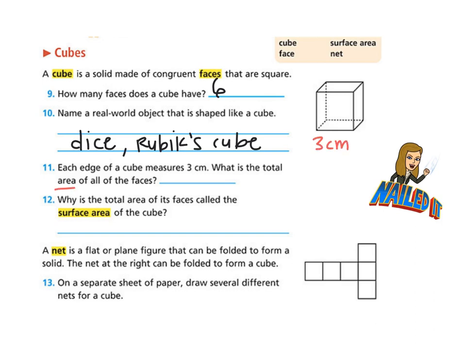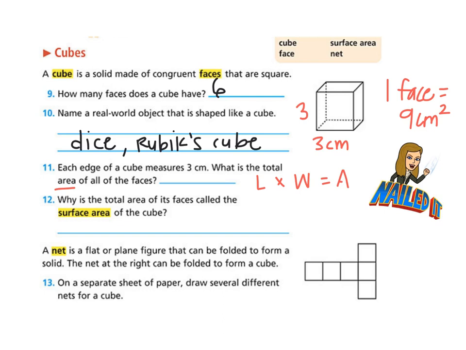Now remember, when we find area of a square, we take length times width to equal area. So if I wanted to find the area of one of these faces, I would take 3 times 3. Because if the length is 3, a square has the width of 3 as well, because they're all the same size. So one face would have an area of 9 centimeters squared.